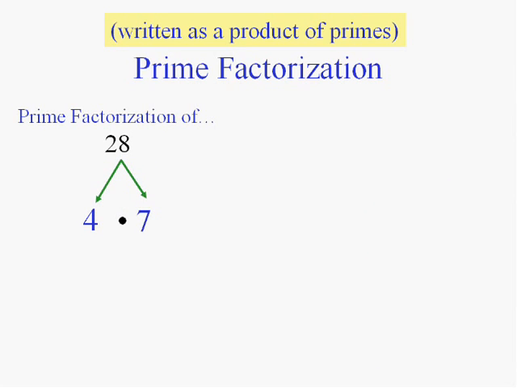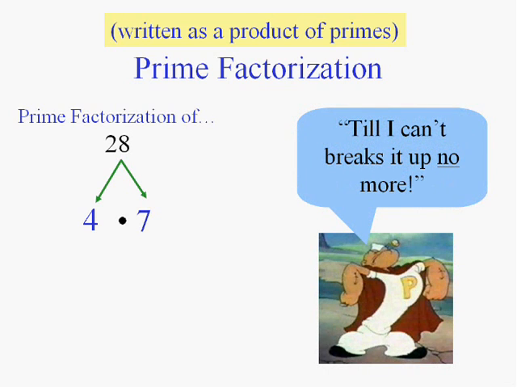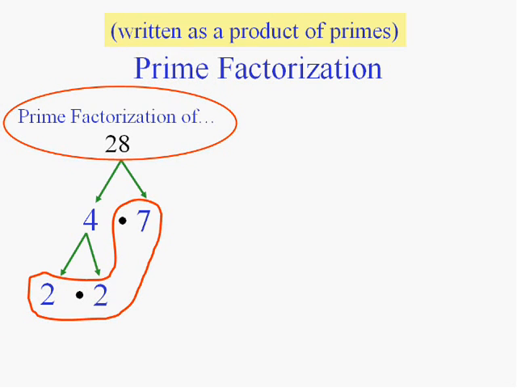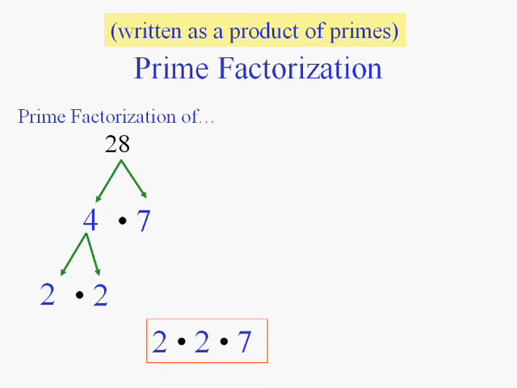Now I'm not done yet because 4 breaks up further into 2 and 2. So the prime factorization, you always put them in numerical order, by the way, is 2 times 2 times 7. That is the prime factorization of 28.